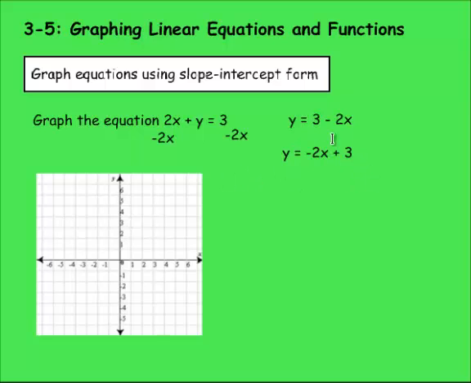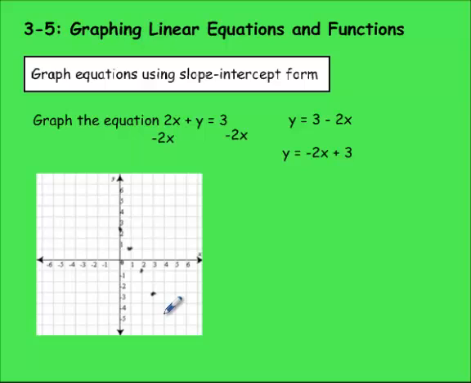Let's start at the intercept. Our intercept is positive 3, or plus 3. So here's where we're going to be starting. And since the slope is negative 2x, if I went over 1, I would go down 2. If I go over 1 more, I go down 2 more. Run of 1, rise of negative 2.